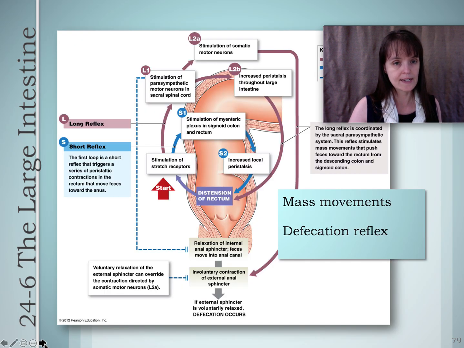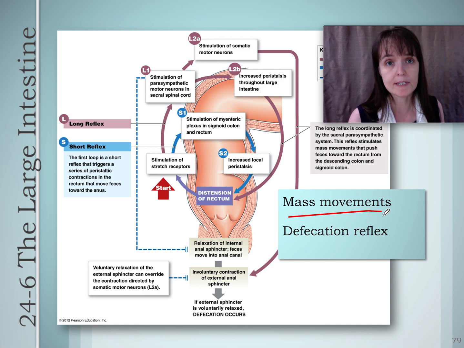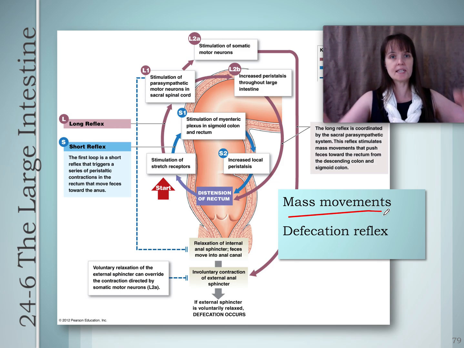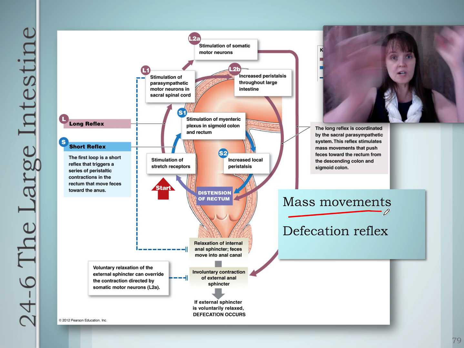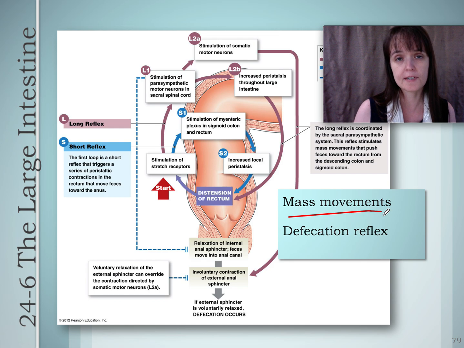Next slide. Mass movements are your daily poop after breakfast. So this would be the biggest poop where your entire length of your large intestine is working together to get the poop out. And it generally happens after breakfast, which is why I've never understood people eating breakfast on the run after they have left the house, because where are you going to poop?